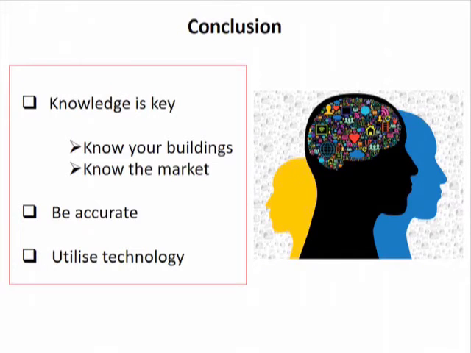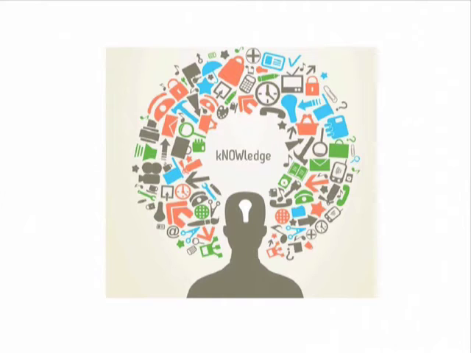Make sure if you have the information that this information is accurate, that you understand what it means, and that you use the appropriate technology to utilize it to your benefit. If you do that, you will be hopefully a successful property manager, and hopefully have a successful career by satisfying the requirements of the property owner, because you as manager will be maintaining the value of that property. Thank you very much.